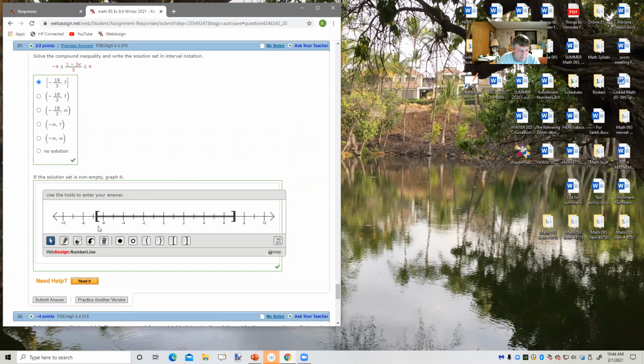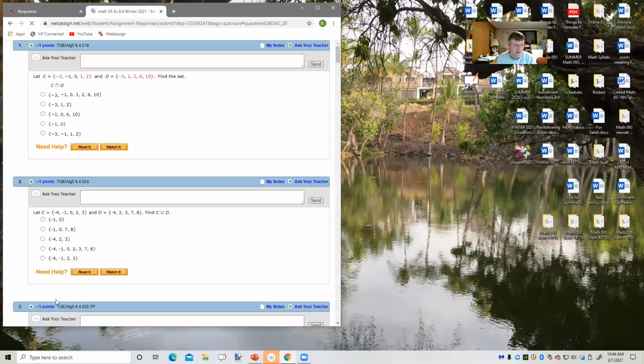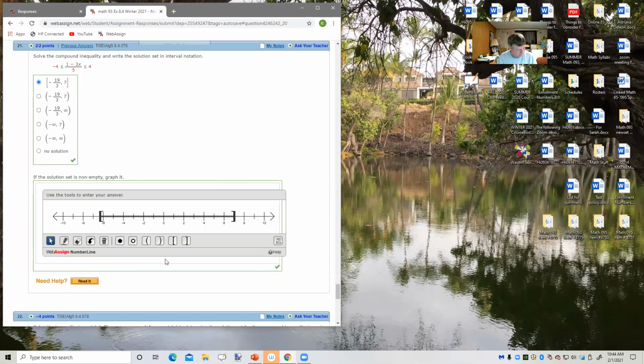It'd be nice if some numbers showed up as you moved it, but it apparently doesn't work that way unless I've missed something. If I have, please let me know. But we've just got to estimate it and put it approximately where we think it would be. Okay. All right.